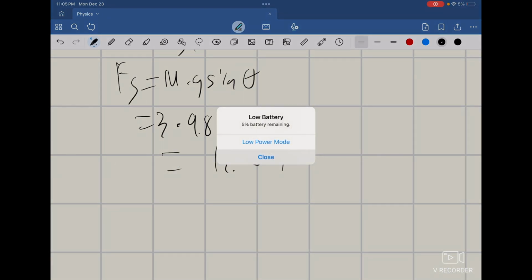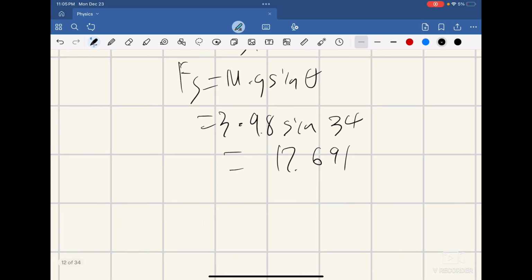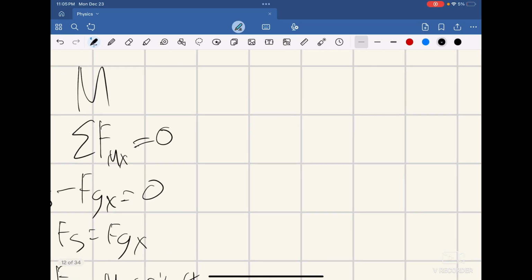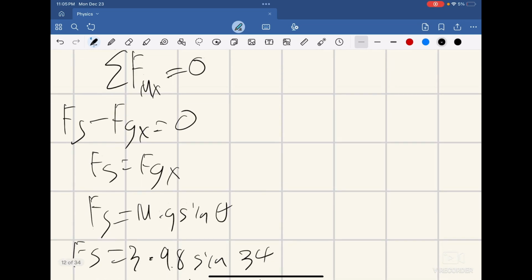And what we know about F_s is that F_s is given by F_n times mu k, or mu s here because it's static friction. And F_n is similar to what we stated earlier.